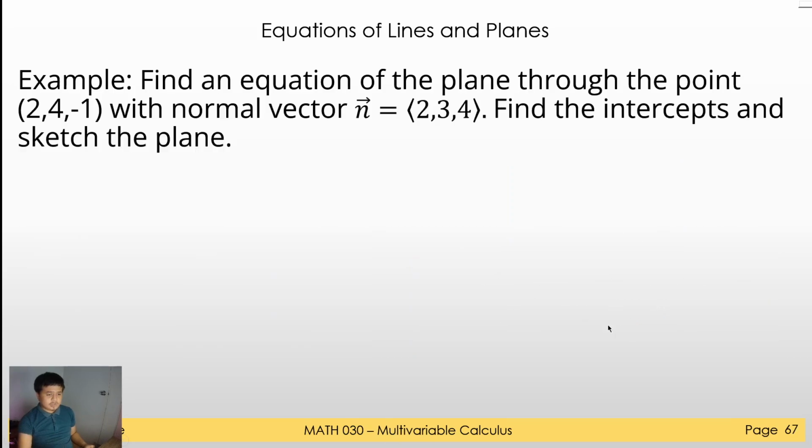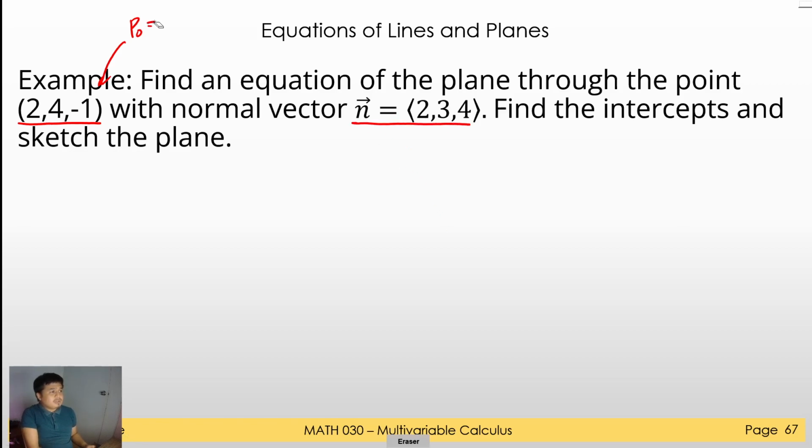Okay. So an example here: find an equation of a plane through the point (2, 4, -1) with normal vector n = (2, 3, 4), find intercepts, and sketch the plane. So find an equation given this point and this vector. This is your p sub 0, an initial or reference point, and we already have our n vector.